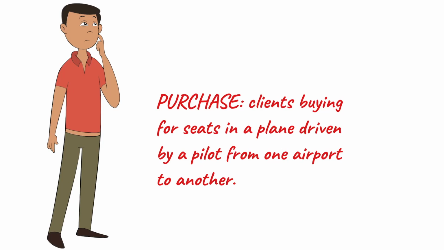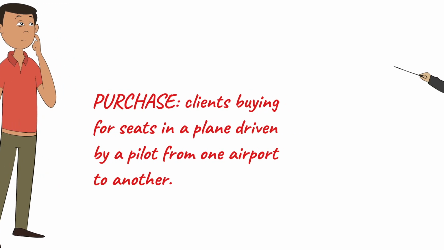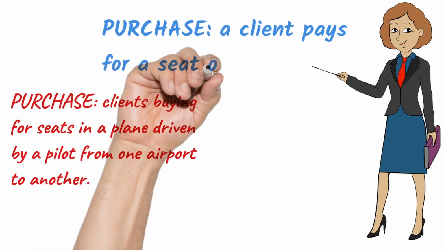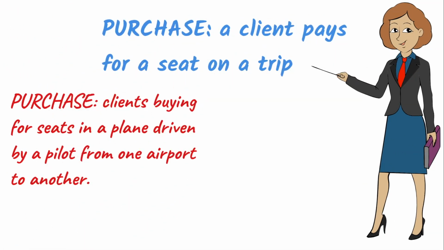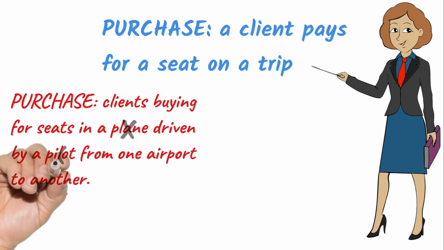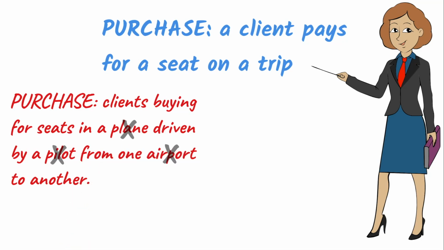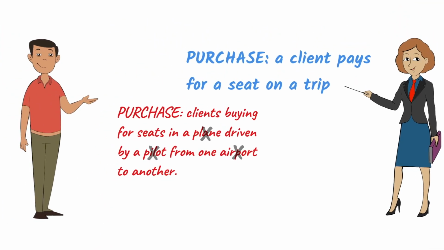Actually, we are messing with the definition of trips, when we only intend to define purchase. The definition that we gave at first is complete, enough and simple. Given the client and the trip of the purchase, it is enough to get any other required data, like who's the pilot or what are the airports. It would be nonsense recording that information again and again every time a purchase happens.